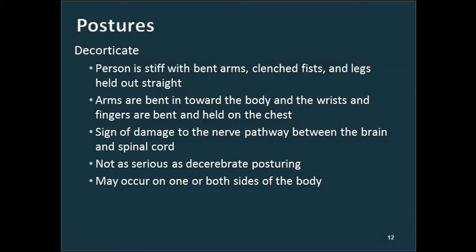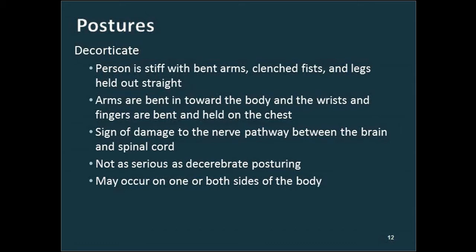I always remember the difference in the two because decorticate, core, C-O-R, means pretty much everything kind of curls in or turns in toward the middle or the core of the body. So in decorticate posturing, the patient's arms will be stiff, clenched fists, legs are going to straighten.